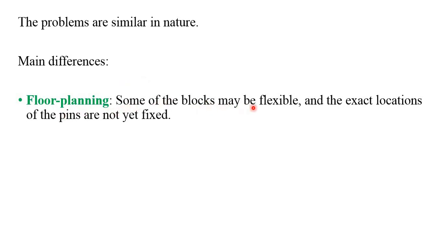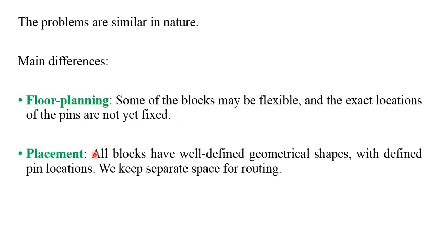Once the blocks are made, some blocks may be flexible. Flexible means we can adjust the block size as well as the shape, and the exact locations of the pins are not fixed. The pin location is not a fixed one, it is a variable one. That is the floor plan.